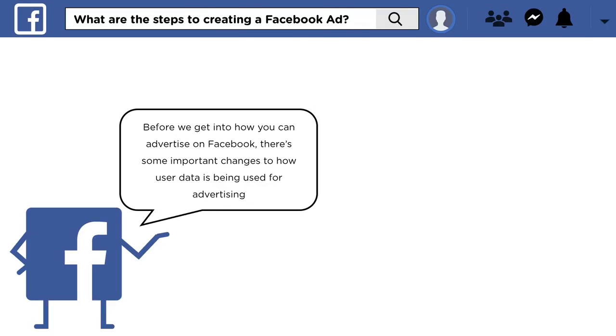So before we get into the steps for creating an ad on Facebook, let's talk about some of the important changes that have happened on Facebook recently in light of data sharing. So really what Facebook's done is they made an important change on how user data is being used for advertising.